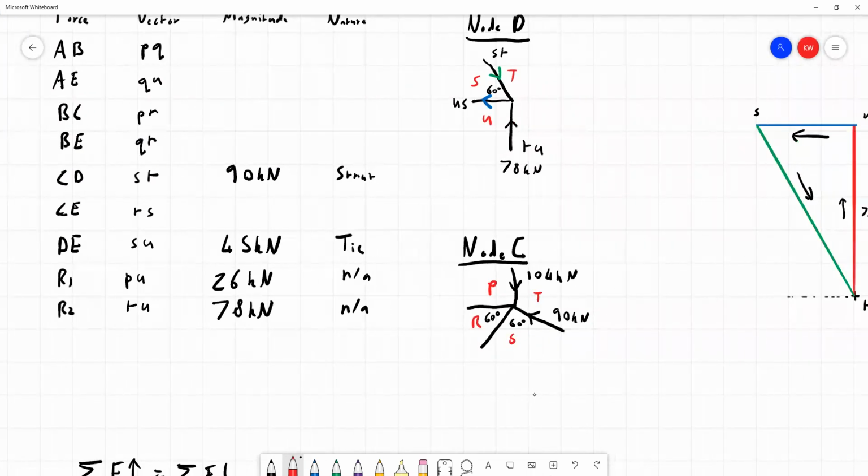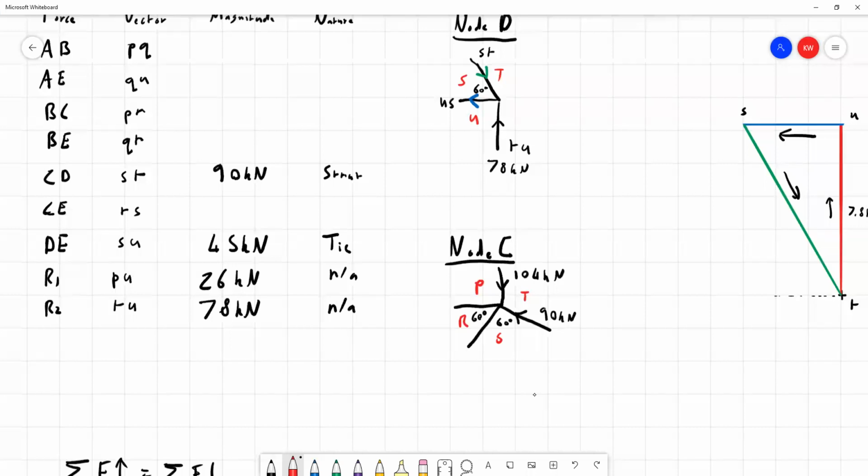Now we'll start off with the vector we've just dealt with. We called this ST in the last example, so we're going to call it TS this time round, and that's simply because the force is acting in the opposite direction this time. These are things which will write themselves if you make a mistake.